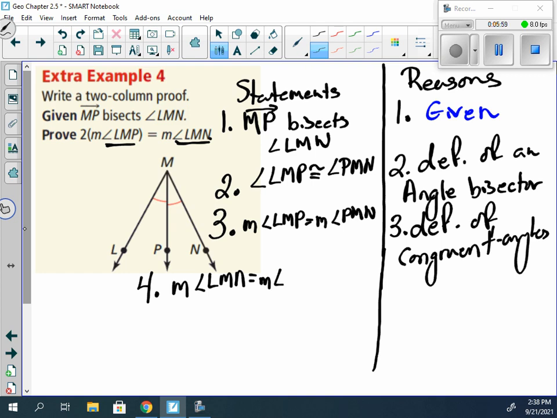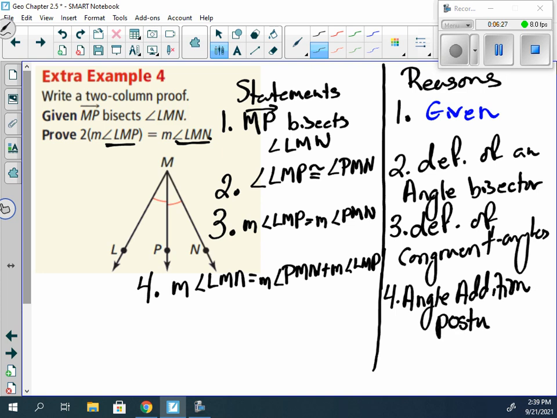The measure of PMN plus the measure of angle LMP, because the big angle is equal to the sum of the two smaller angles. And this here is our, what? Angle addition postulate. Because the angle addition postulate says that if we have two angles, we can add them together to get the whole.